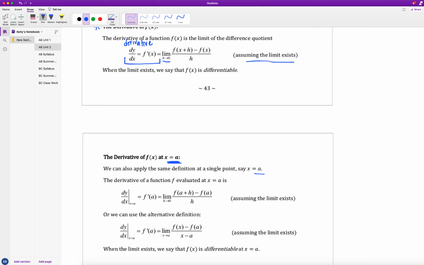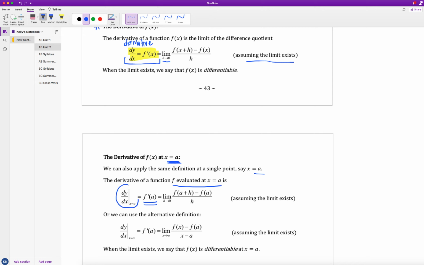Now when we do that, we're evaluating f at x equals a, and we have to take that into account. So up here, when we had our general derivative, I had my f prime of x or my dy over dx. Now that we're evaluating that at a, you'll notice I no longer have f prime of x, I have f prime of a instead, since I'm substituting in a in place of x.